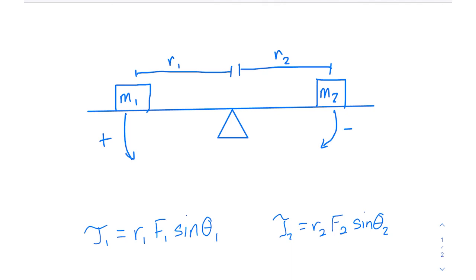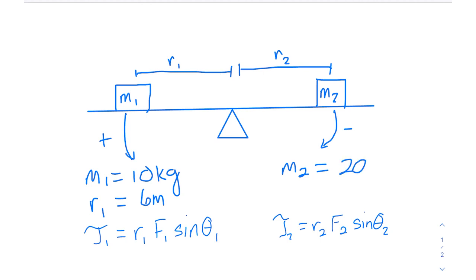Let's say mass 1 equals 10 kilograms, and R1 equals 6 meters. For mass 2, we'll do 20 kilograms, and R2 equals 4 meters.